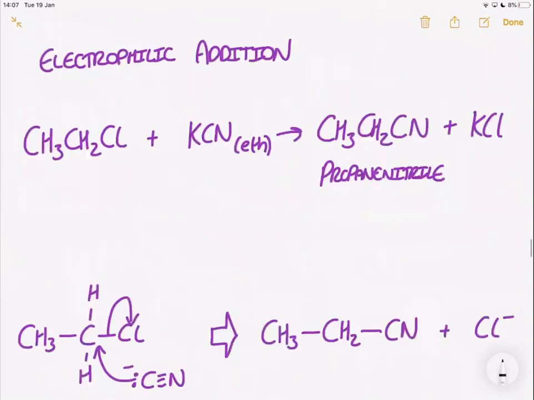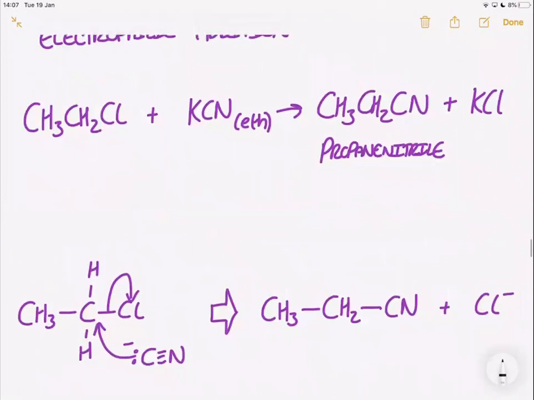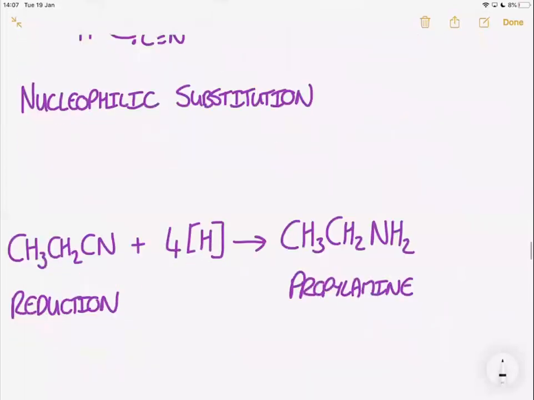So then you would react your chloroethane with ethanolic potassium cyanide, and you make propane nitrile. Mechanism is shown below. That's nucleophilic substitution.